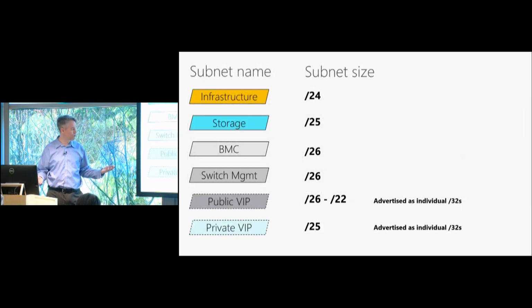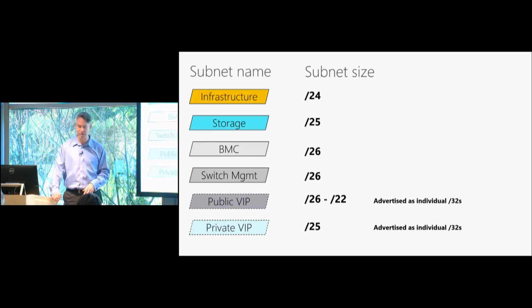So another way of showing that picture, here's the size of the subnets you need. So you need a fair number of IP addresses. The ones that are internal only, obviously they never appear on your data center network, so you can reuse them from one stack to another, but they're used to provide virtual IP addresses to all the fabric VMs inside your environment. The public VIP, it's got a relatively large network. It's advertised as a set of individual /32 networks.